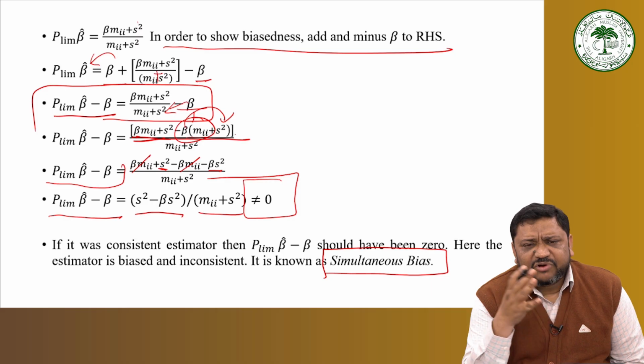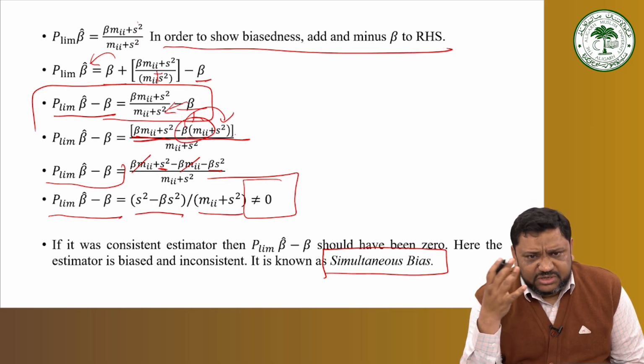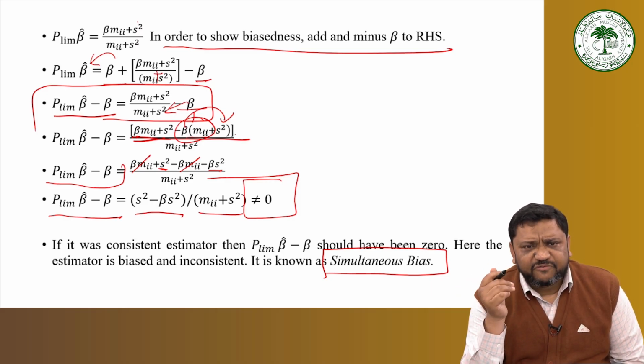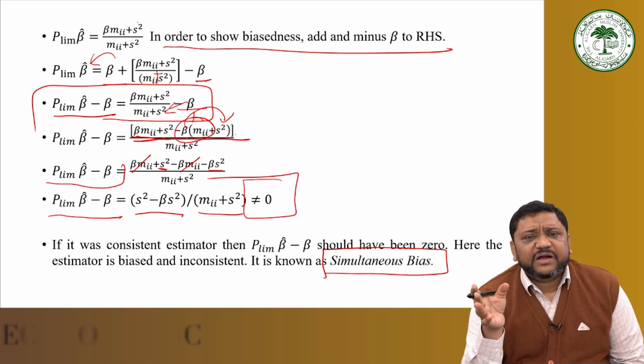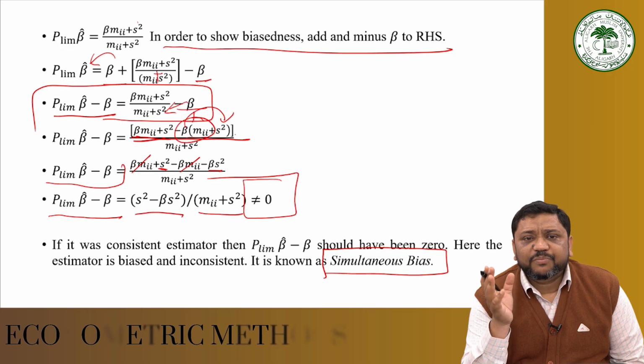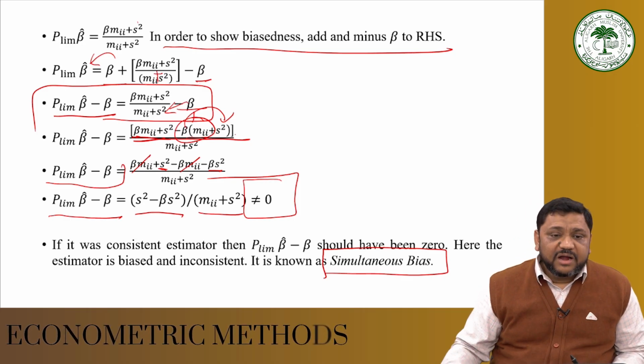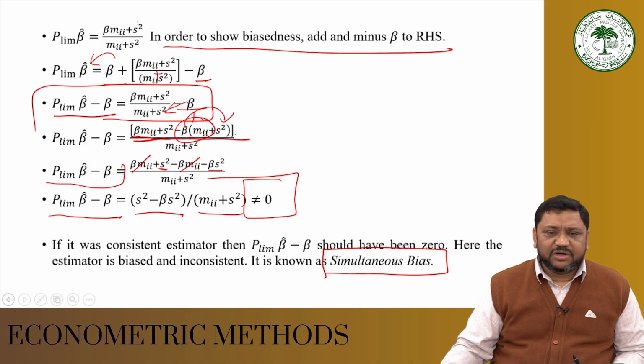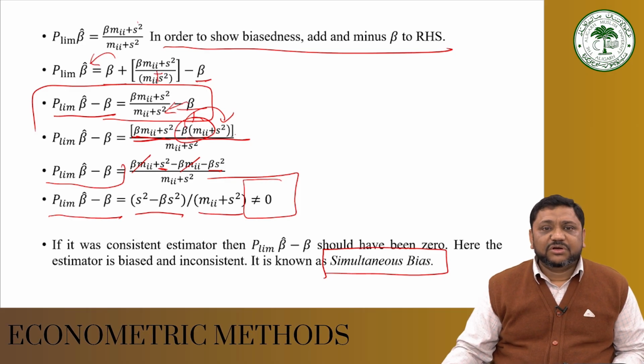Then we have seen what is a structural model, what is a reduced form model, and also final form model. Then we proved that if you are applying OLS, your estimator, that is your beta hat, is biased, and it does not meet our requirement, that is the best linear unbiased estimator, BLUE.